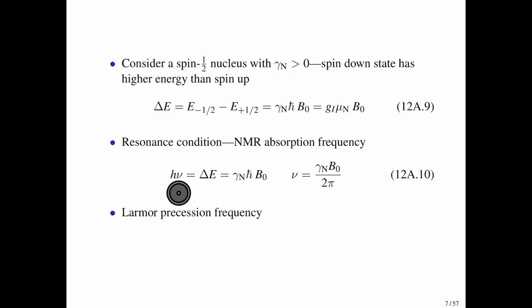So the photon energy involved is equal to that delta E. This is the resonance condition. And then just substituting in that value, we can solve for the absorption frequency. This is the so-called NMR frequency for your nuclei. It depends upon the magnetogyric ratio and the magnetic field strength. This is also called the Larmor precession frequency.